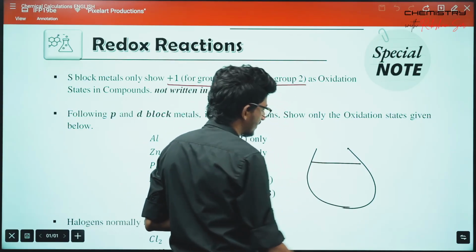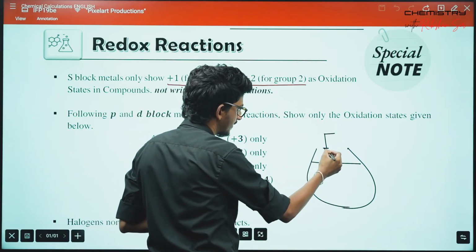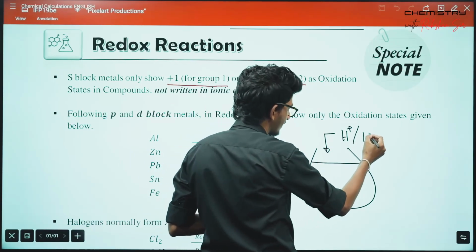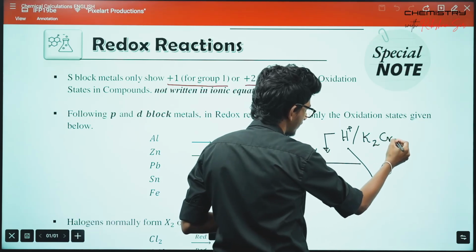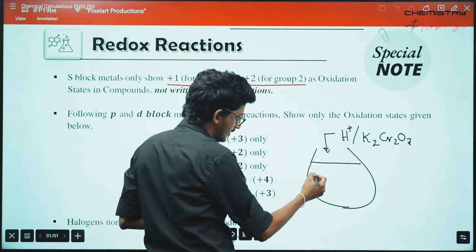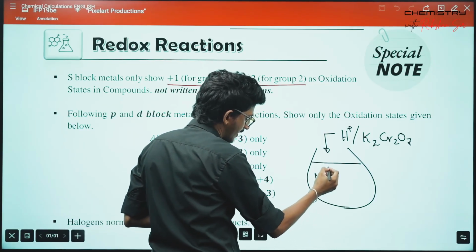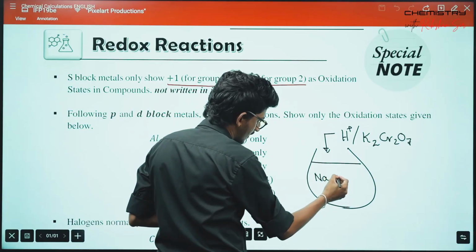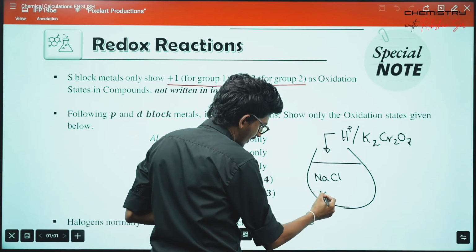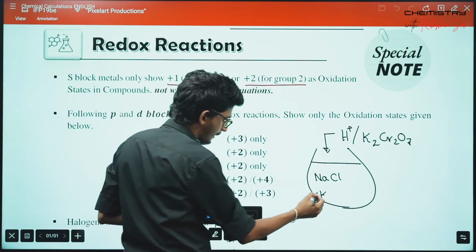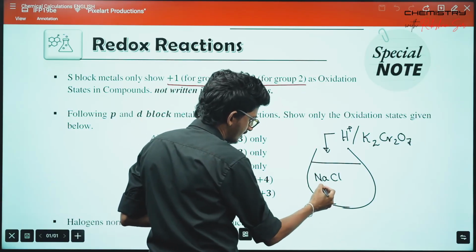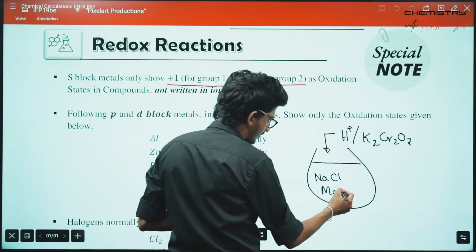You have a flask and you are adding from the top some acidic potassium dichromate, K2Cr2O7, and say you have some sodium chloride and some magnesium sulfide with you.